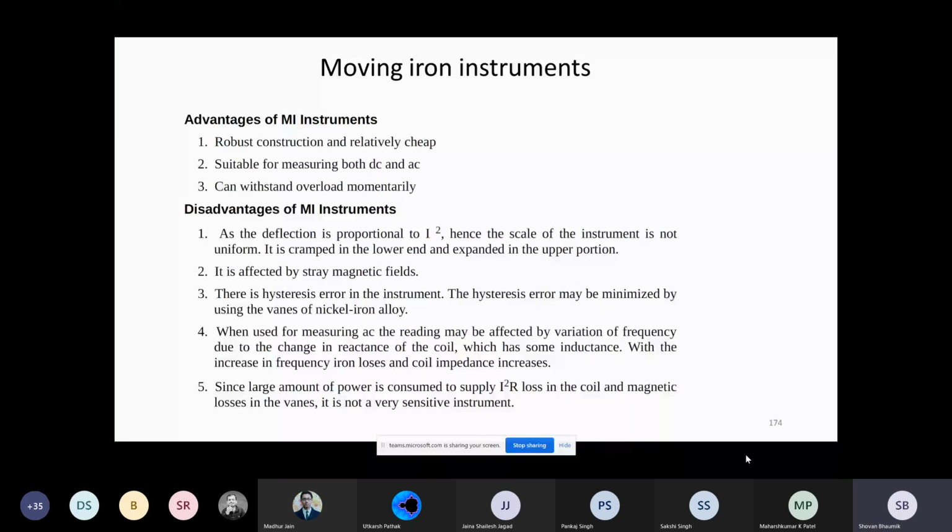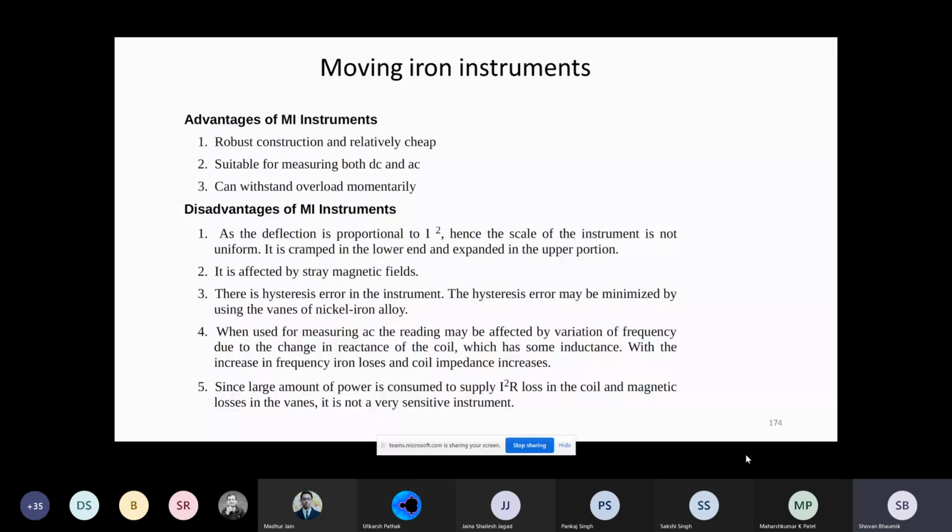And particularly at a very large range of frequency, this moving iron instrument becomes useless. You need to have some different mechanism. Now another thing is that a huge current, 100 ampere, can pass through it, because the coil which is passing it is producing the magnetic field, and it is not the moving coil.